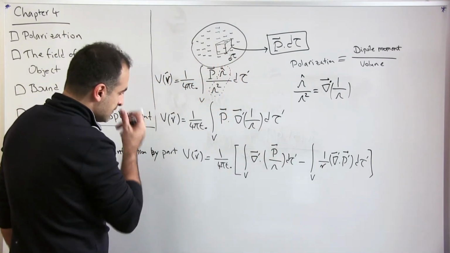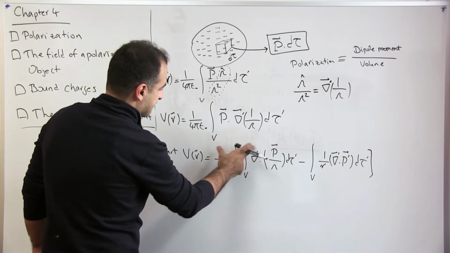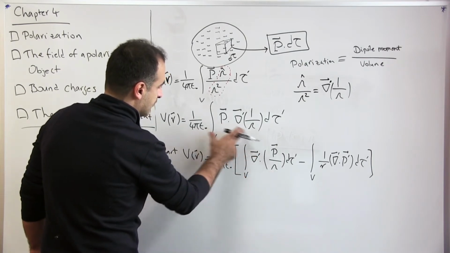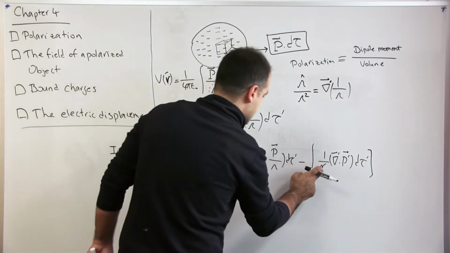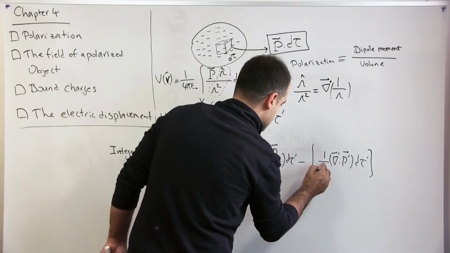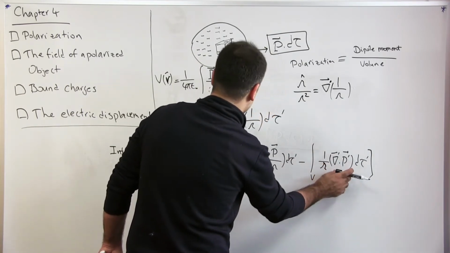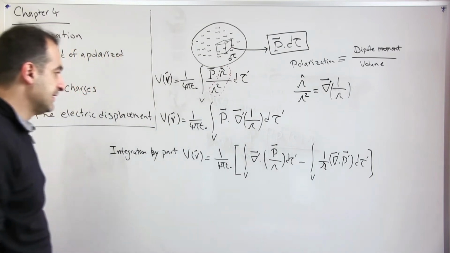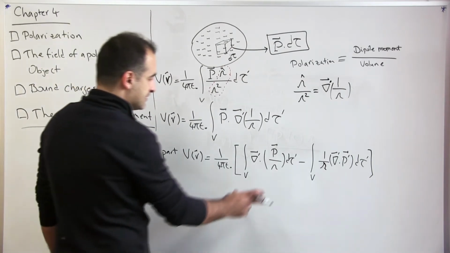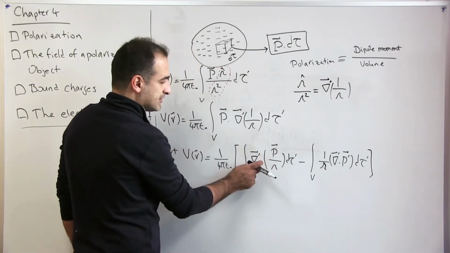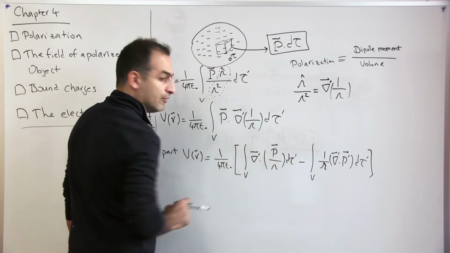One of them has the divergence of P over R, the other one has 1 over R. By the way, this should be the distance R, 1 over R times the divergence of P. Okay, so now if you look at the first integral, this is the divergence of a function over the whole volume.